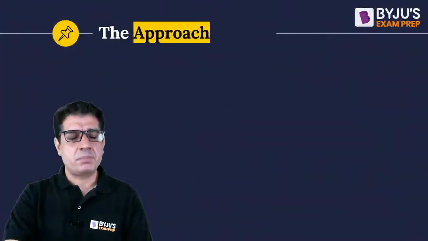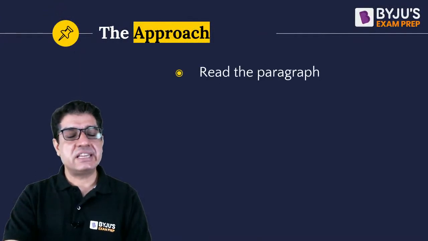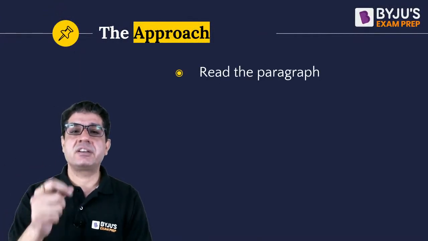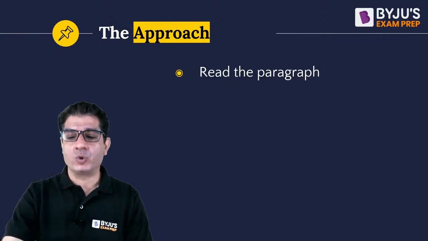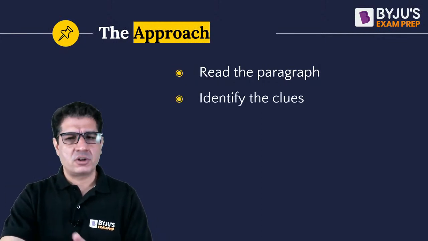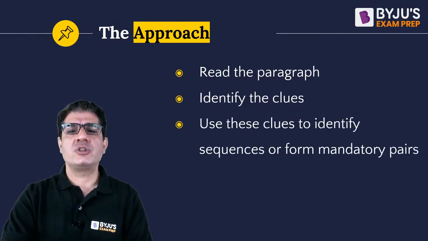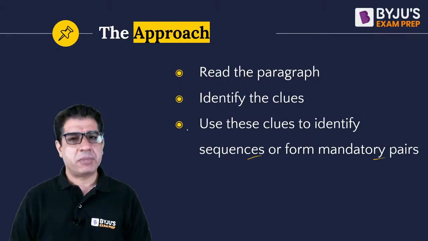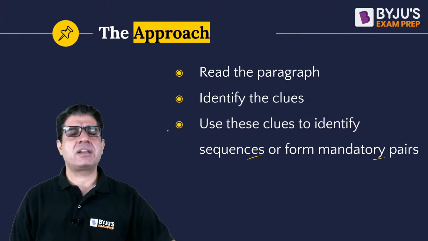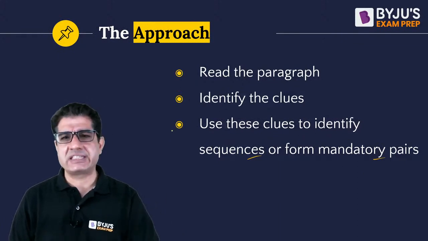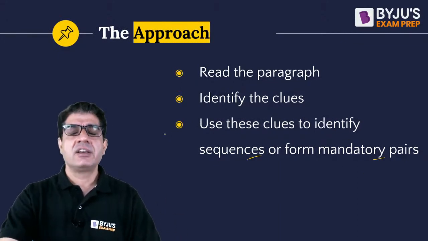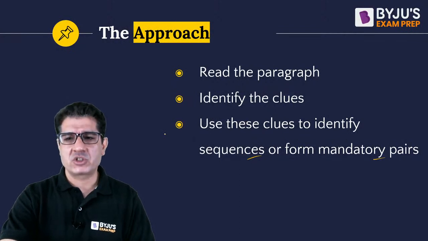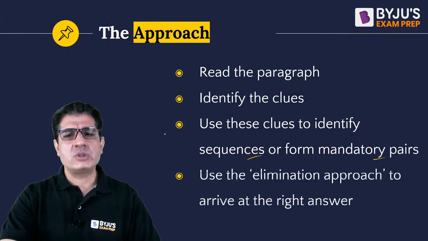So my approach is pretty straightforward. Read the entire paragraph, and when you read it, be on the lookout for the clues. Once you've identified those clues, use them to figure out some sort of sequence or mandatory pairs. And because in CMAT and in almost all the exams except for the CAT, these questions are multiple choice questions, use the elimination approach.